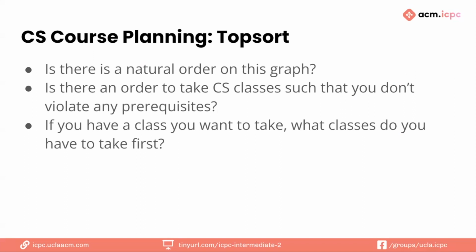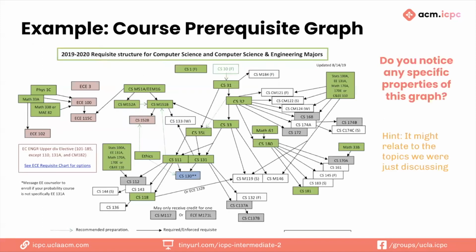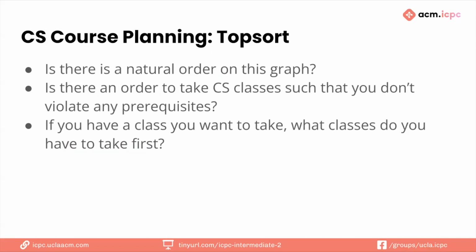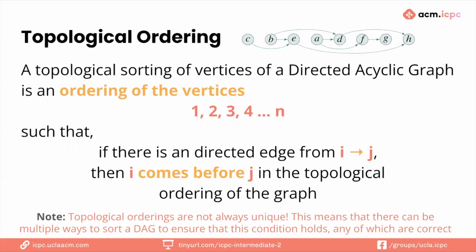So an intuitive example is, if you're taking CS32 right now, you probably have taken CS31 already, which is a prerequisite course for that. So you want to take it first, and then all the courses where CS32 is required are going to follow next. So there is a certain order, and that order is called topological ordering.